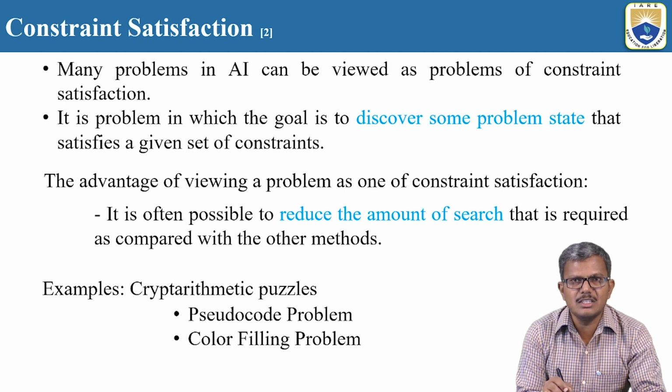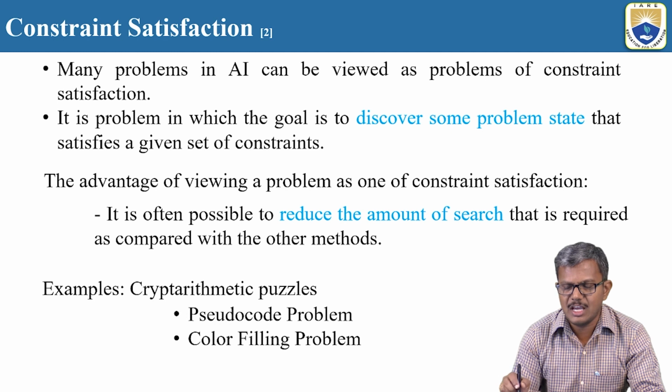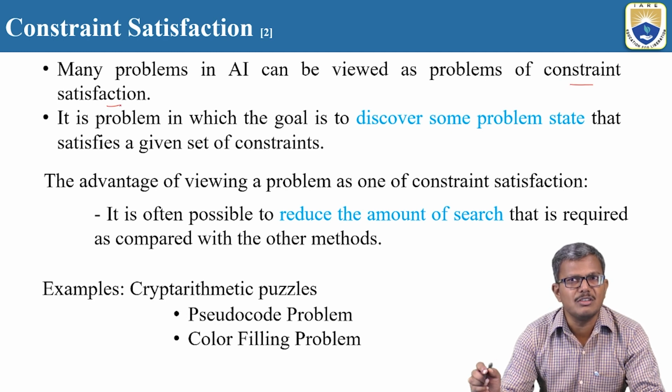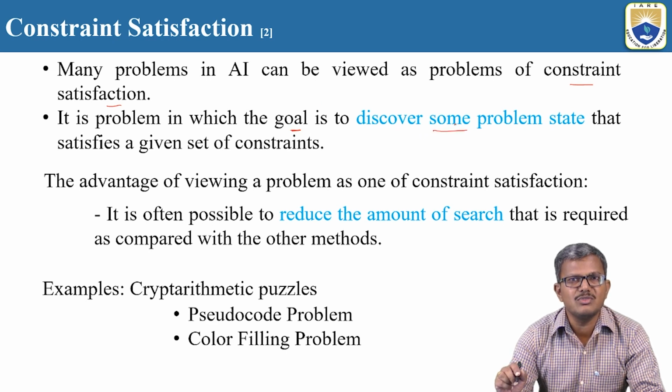So we can say that most of the AI related problems will be considered as a problem of constraint satisfaction itself. In this, we have a particular goal: to discover the problem state that satisfies a given set of constraints. That is very important.